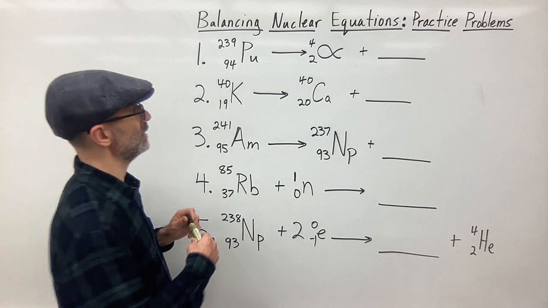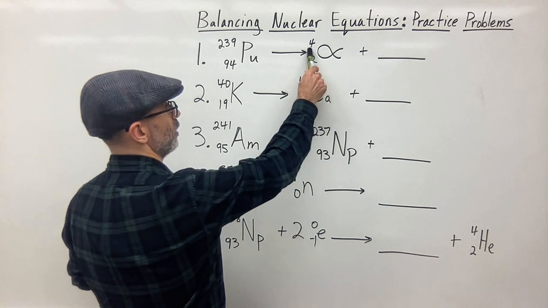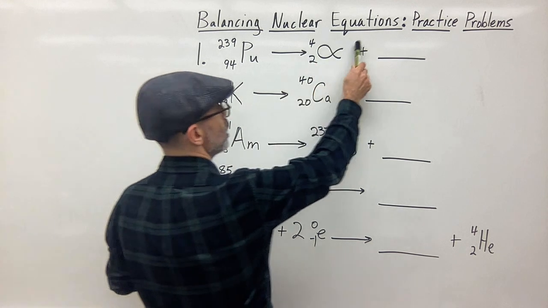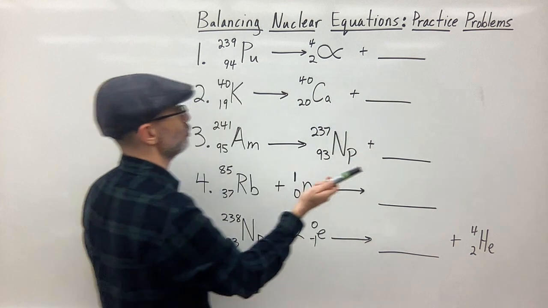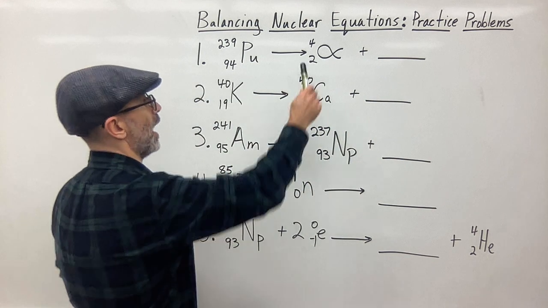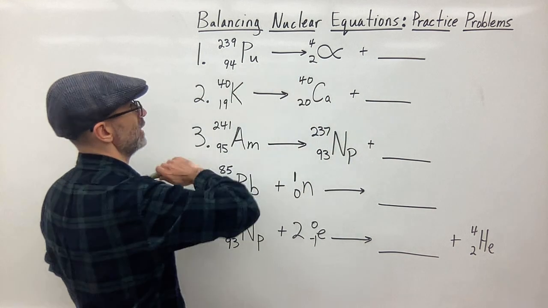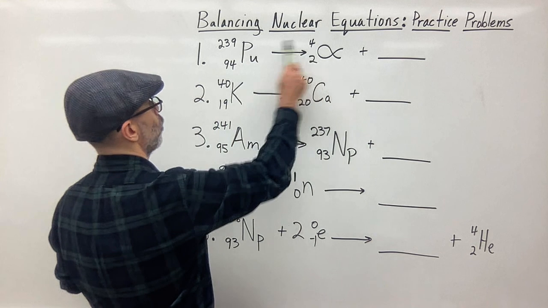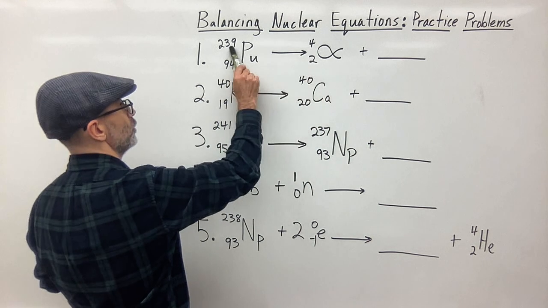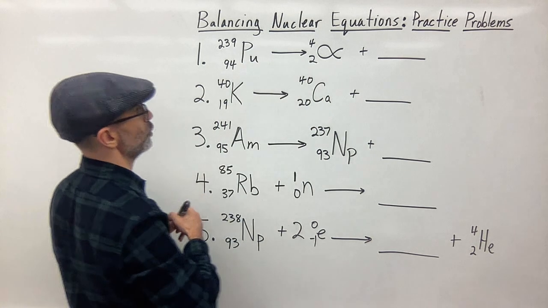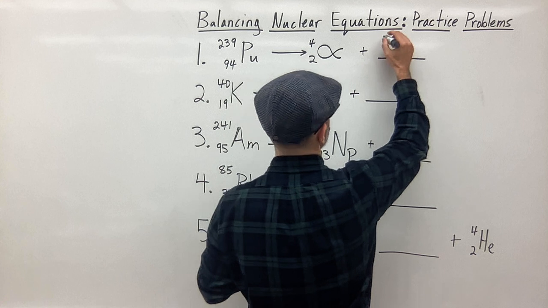So I have a 4 here. 4 plus some number should give me 239. Well, what is that number? I just subtract 4 from 239 and I get 235.